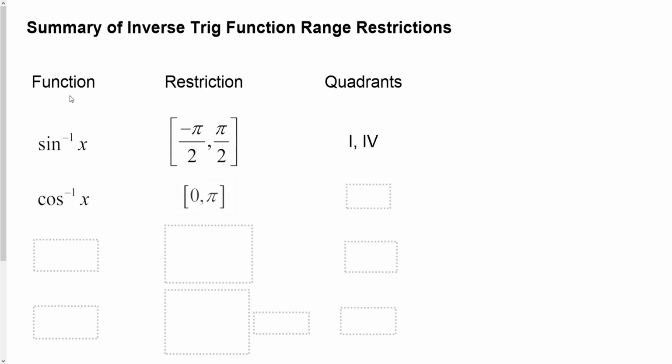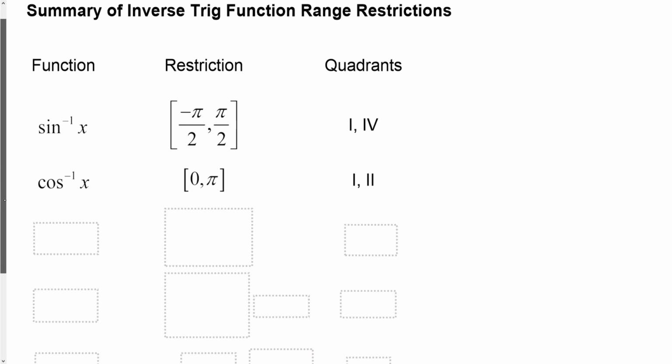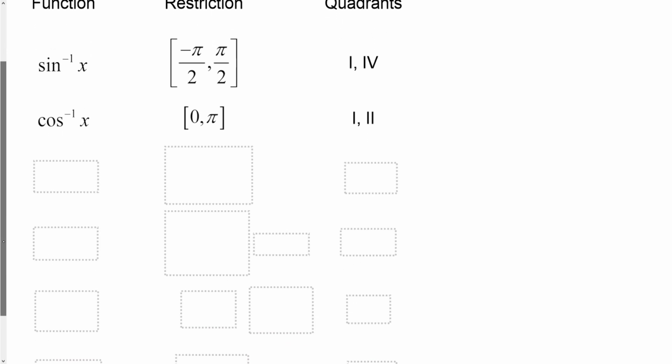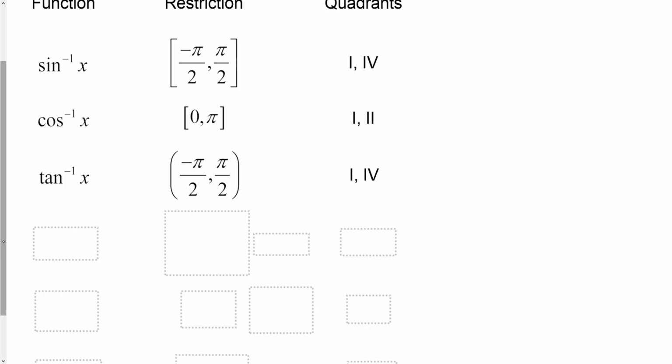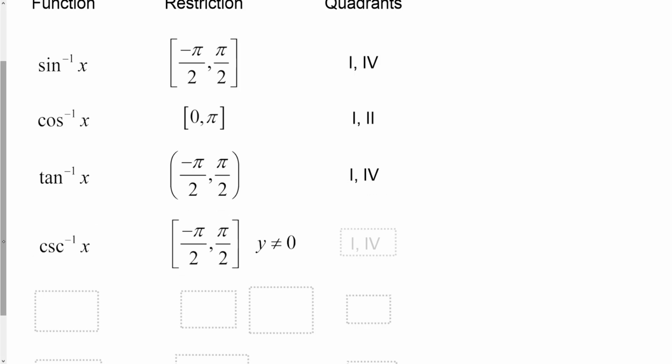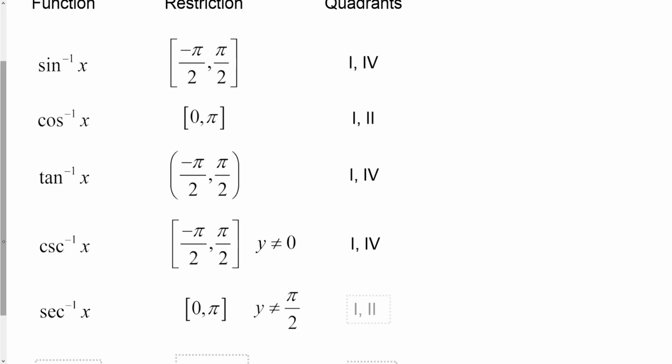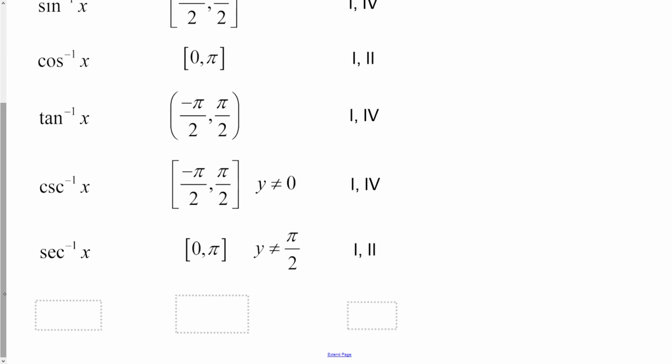Cosine, the restriction was 0 to pi. The answers for arccosine are going to lie in either quadrants 1 or 2. For arctangent, it's 1 and 4 again. For arccosecant, it's 1 and 4 again. For arcsecant, it is 1 and 2. And for arccotangent, it's also 1 and 2.